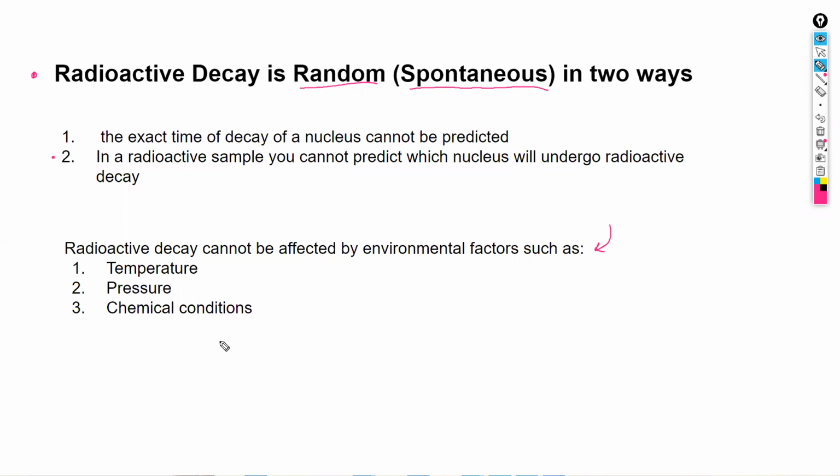Even if you raise the temperature, you will realize the half-life will remain the same. If you increase the pressure, it just doesn't affect the experiment. I've seen this question come up only twice in the CXE exam, so I know it's a valid question, right? So take down everything on the screen, and of course, let me know when you are finished.